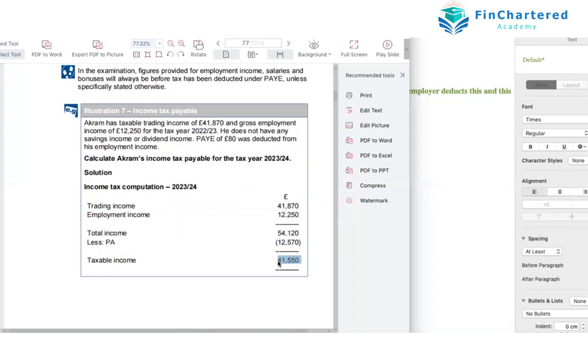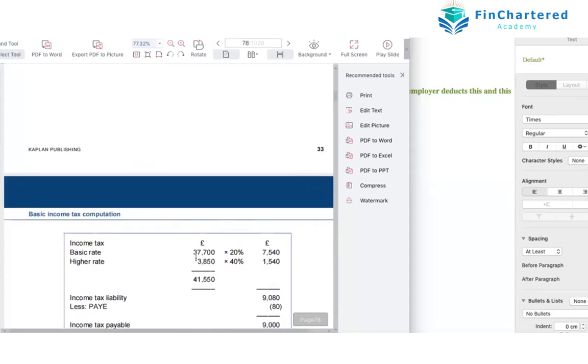So his taxable income is 41,550. Now, as usual, up to 37,700 you will tax him at 20%, so he's paying 7,540, and anything in excess of that, 3,850, he will be taxed at 40%. So he will have a tax liability of 1,540.